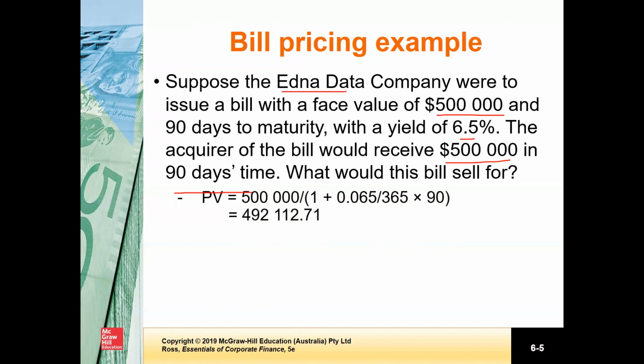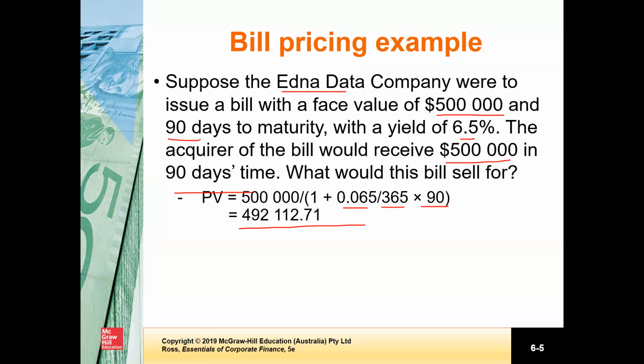So we need to find out the present value: 500,000 divided by 1 plus the interest rate. You can see that the 6.5% is an annual rate. That's why we divide it by 365 to get the daily rate and multiply by 90 so that we get a 90-day rate. The present value is 492,112.